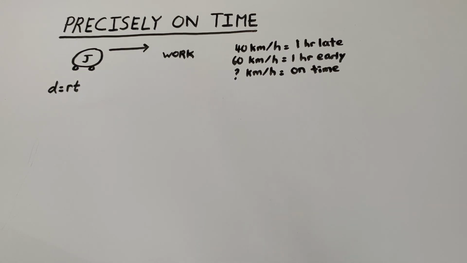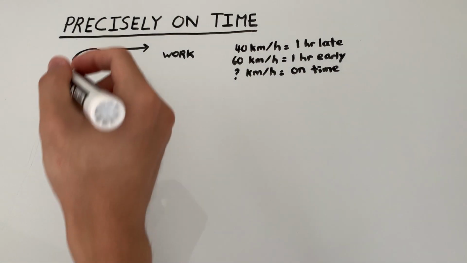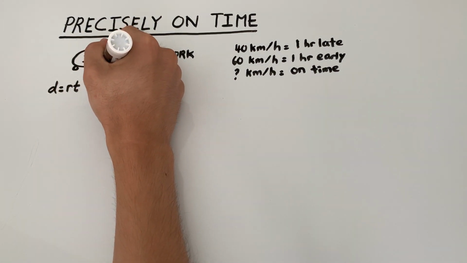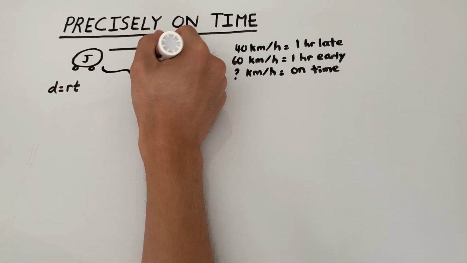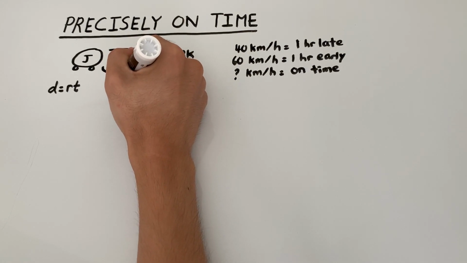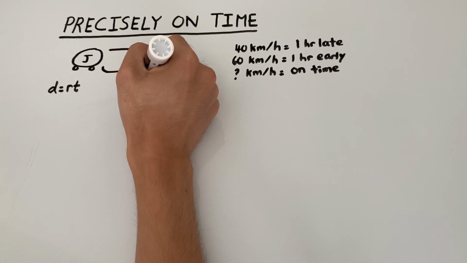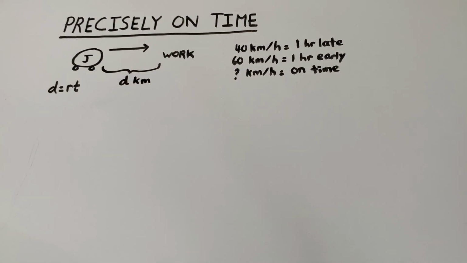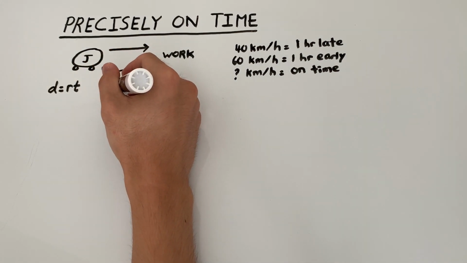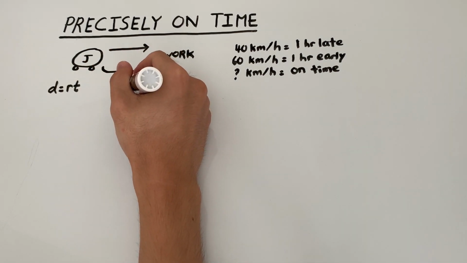This time, let's say the distance between Jack's home and work is d kilometers. And once again, let's say that the trip normally takes t hours.